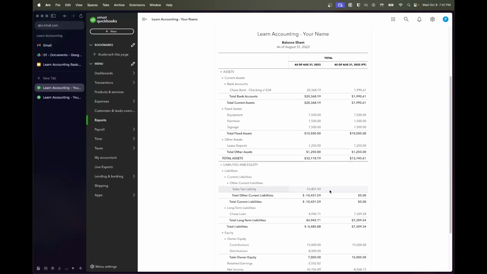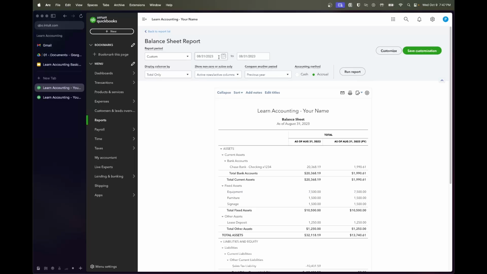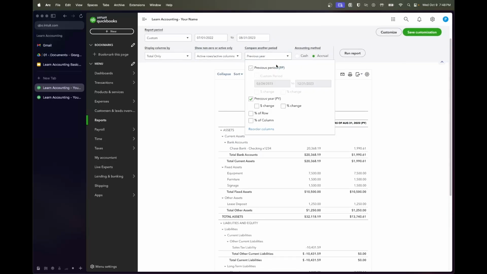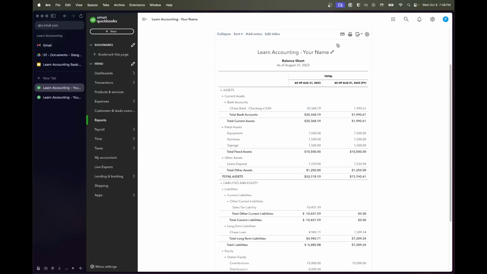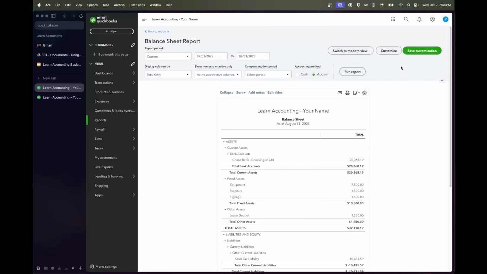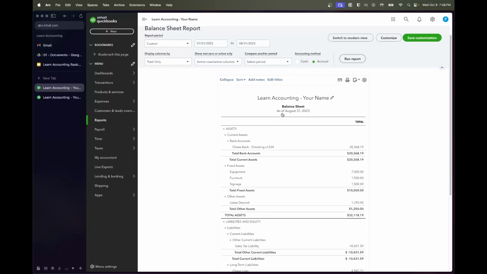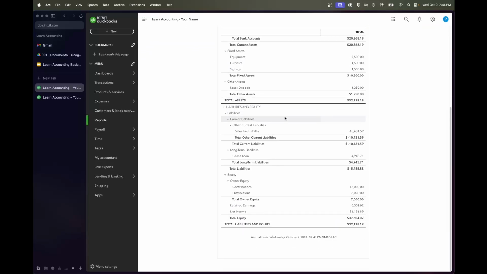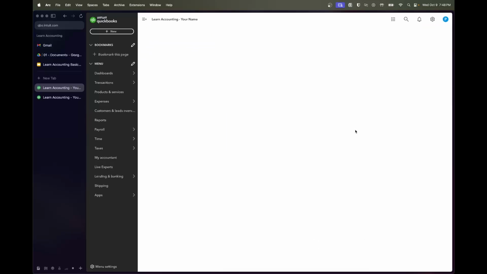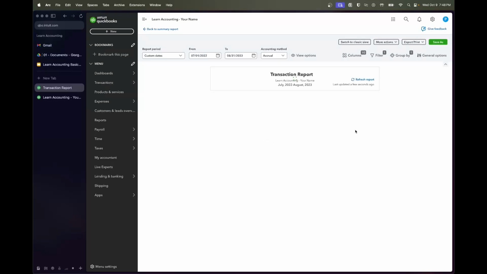Okay, so let's take a look at the sales tax liability. What I'd like to do is set the date range back to 8/31/22 to 8/31/23, sorry. The reason this date range exists is because when you click into, now let me take out this previous year thing, because if we were to do 8/31 to 8/31 and clicked into one of these accounts, we would only be able to see transactions that were posted on August 31st, 2023, right?